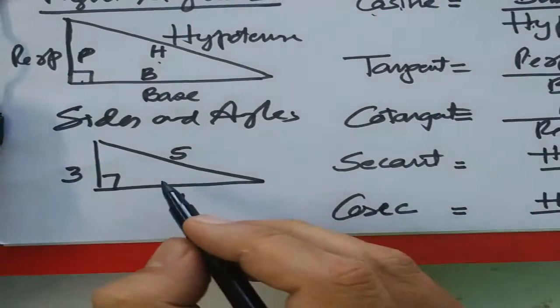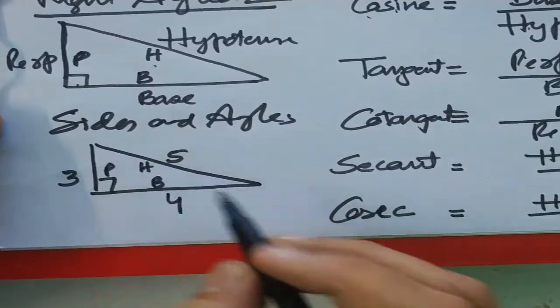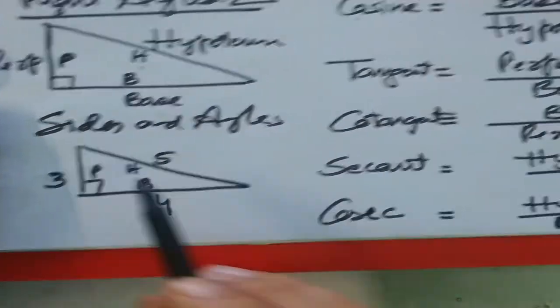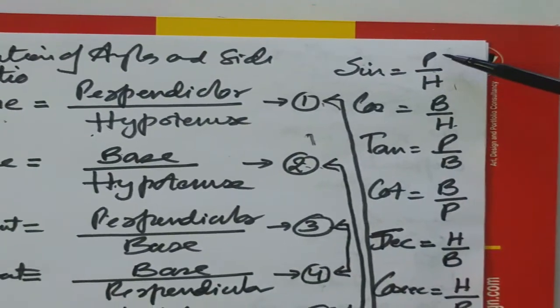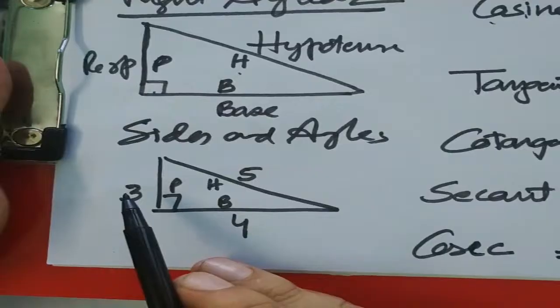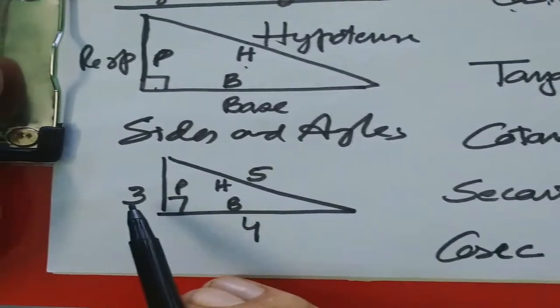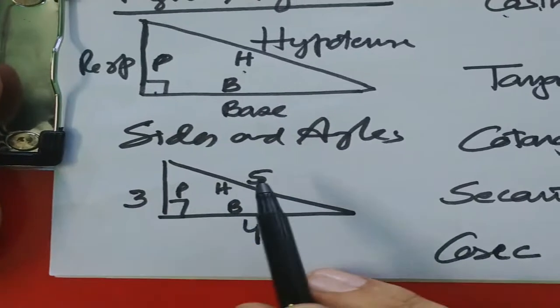You will put in the values of base, perpendicular and hypotenuse. Sine is equal to P upon H, and here the perpendicular is 3, so P upon H means 3 upon 5.